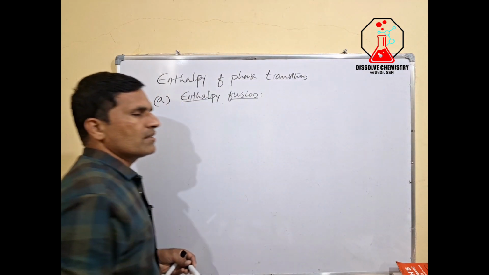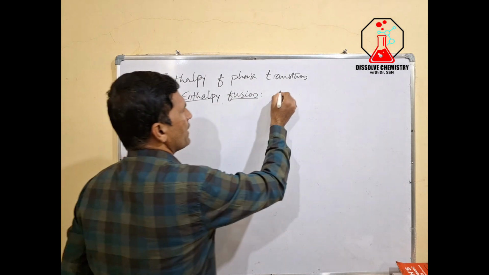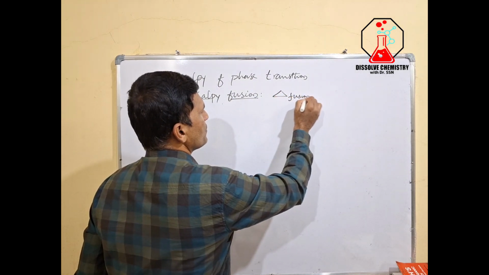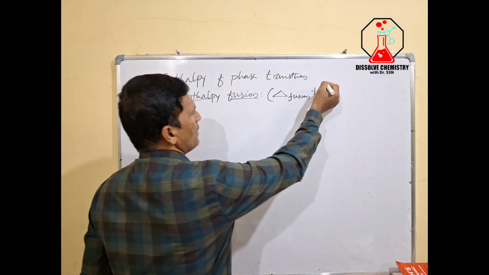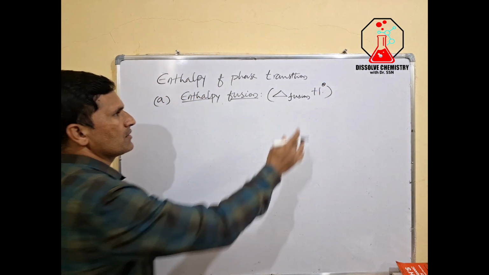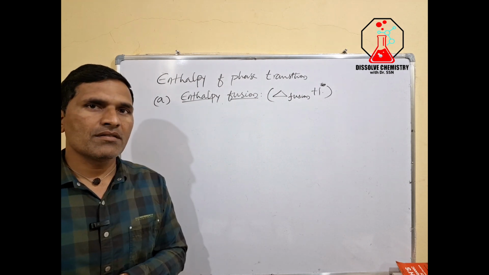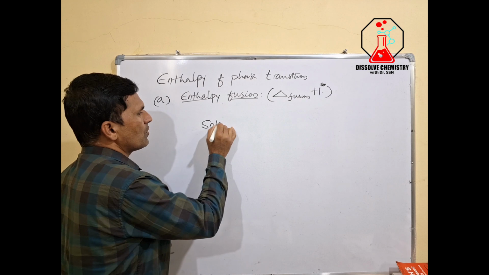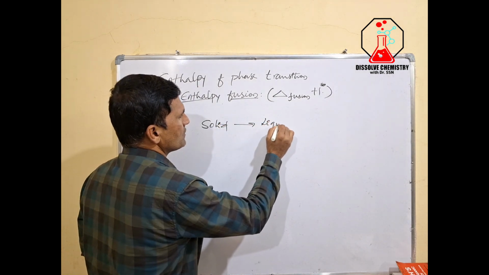So what this enthalpy of fusion involves, we write like this: fusion H, or standard enthalpy of fusion if we are maintaining standard conditions. Fusion, as we have said, is the conversion of solid form to the liquid form.